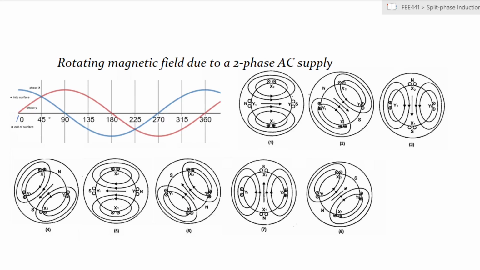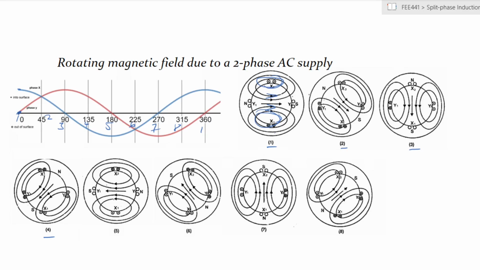So this is at time 1, 2, 3, 4, 5, 6, and so on, and back to 1. Those are the corresponding diagrams that we have here. At instant number 1, the X phase has a positive peak, giving a resulting magnetic field in this direction, and the Y phase has a 0 value of voltage.